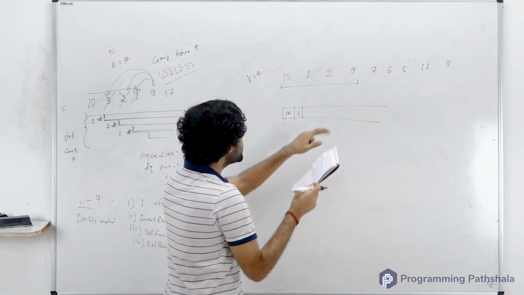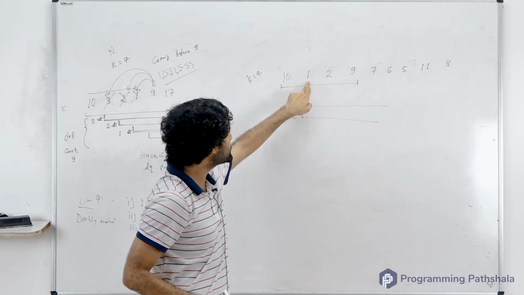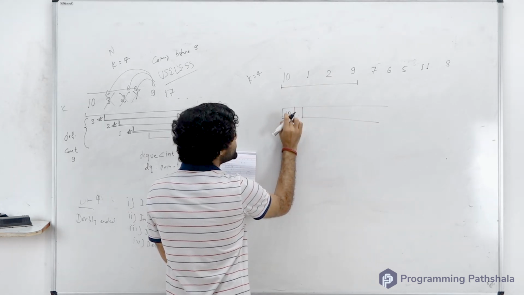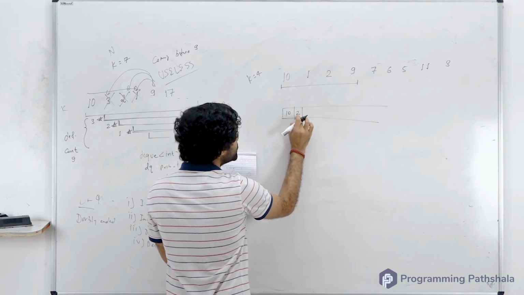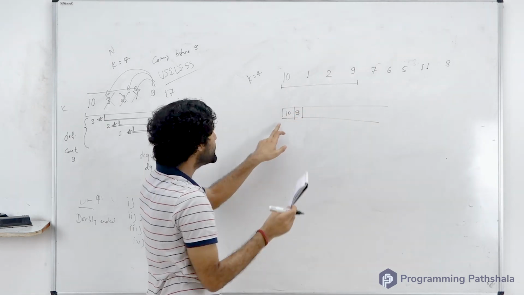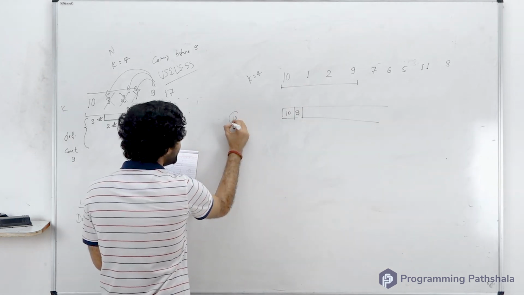When this 2 comes, you compare this with 1. So what will you do? This 2 will make this 1 useless. So this 2 will kick this thing out, but this 2 can't kick this 10 out. Now this 9 comes. So this 9 is greater than 2, so it will kick it out, but this 9 is not greater than this 10. So 10 and 9 are the useful elements of my first window. And so for my first window, the answer will be 10.